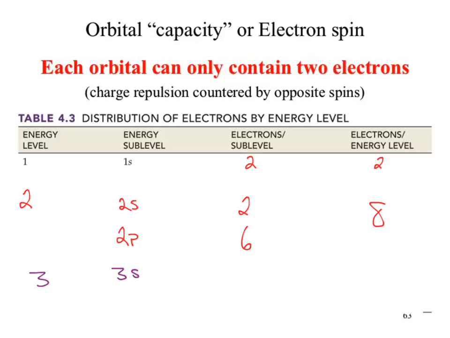Third, I have the 3s, 3p, 3d. In the s, I have 2. In the p, 6. In the d, I had 5 orbital orientations. Each orbital carries 2 electrons, meaning 10, which gets me 18 electrons.